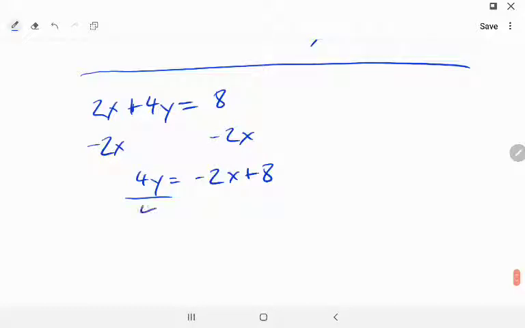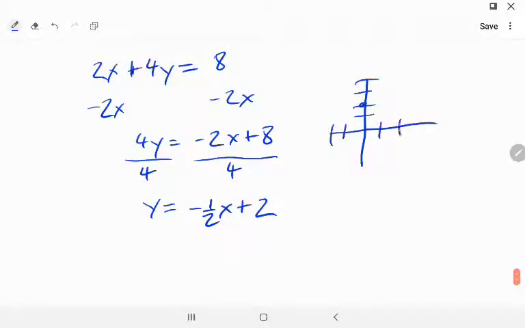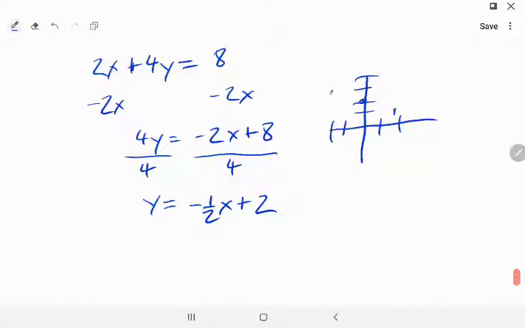We can divide both sides by 4. We get y equals negative 1/2 x plus 2. And so, relatively nice and neat to graph. We find 0, 2. And we notice that if we go down 1, we have to go over 2, up 1, back 2.